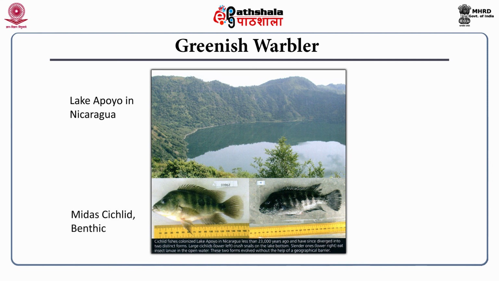The Midas cichlid is a stout and large one adapted to crushing with the jaw, and that is the benthic one, while the Arrow cichlid feeds on zooplankton, and is more slender and smaller, adapted to the pelagic zone. Now these two can no longer copulate, so they have turned into two separate species.